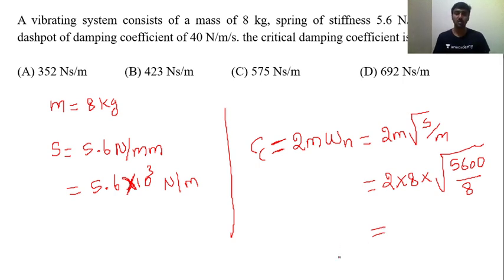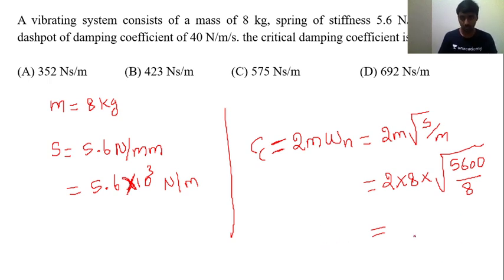I am using the virtual calculator here. 56 into 10 to the power 2 divided by 8, and into 8 into 2, that is equal to 423.32.